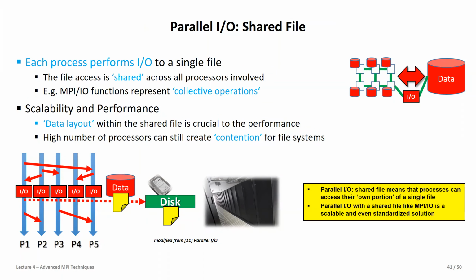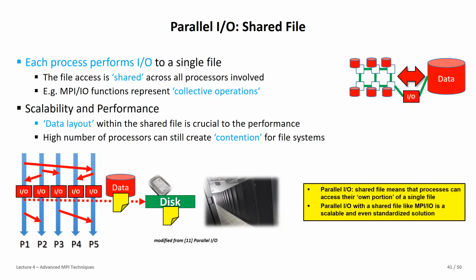So instead, people have thought about this parallel I/O, which is really a shared file. And the file is essentially really on the disk a kind of file that you would write in. And the file system underneath will then take care of the blocks, as we discussed previously. But from the file system perspective, nothing prevents us to write this file.